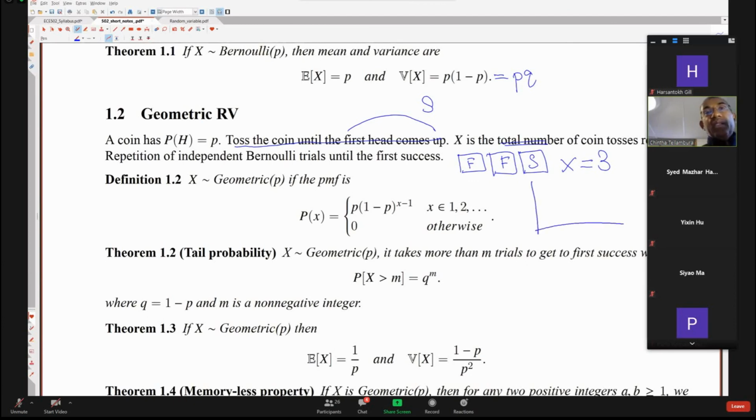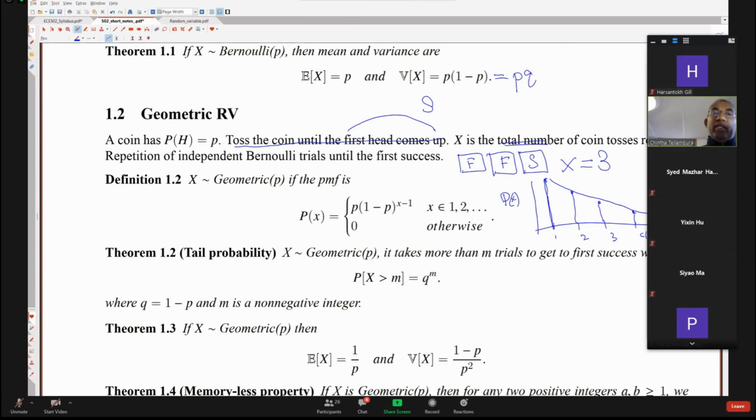If you plot the PMF, X and P of X, which will just be a line diagram at 1, 2, 3, 4, and so on, you see that at 1 is the highest value, plugging in X equals 1 gives P. The next one is smaller than that, the next one is smaller than that, and so on. So it's geometrically decreasing. Hence the name geometric random variable.